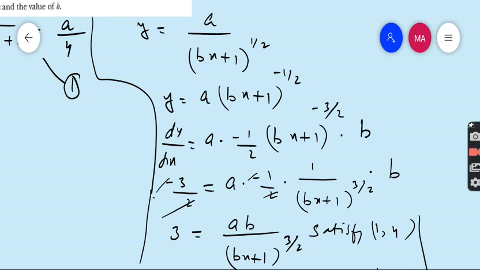No mistake. Dy by dx is given minus 3 upon 2, minus cancel by minus, and 2 cancel by 2 on both sides, cross cancelling. So 3 is equals to a into 1 into b, which is ab upon (bx plus 1) to the power 3 upon 2. No mistake.